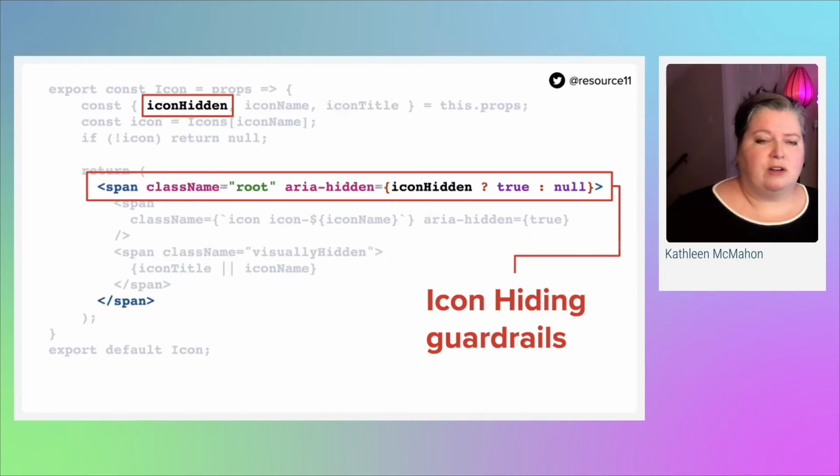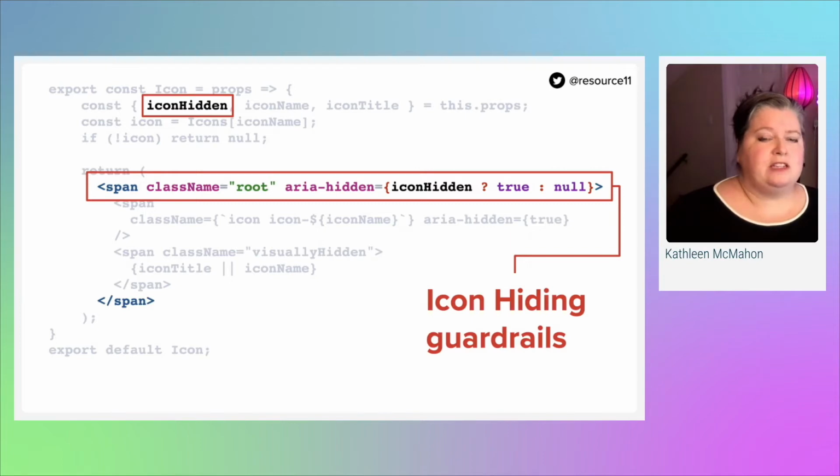The last guardrail we've added is for the iconHidden prop. If the developer passes in iconHidden and sets that to true, the containing spans will render in the DOM with an aria-hidden equals true attribute attached. If no iconHidden prop is passed into the icon component, the ARIA hidden attribute isn't attached to the wrapping span at all.